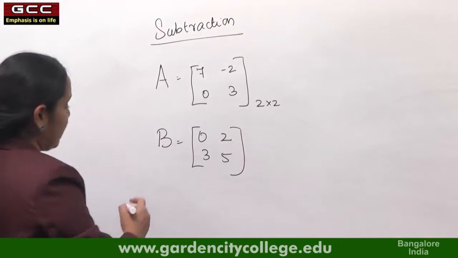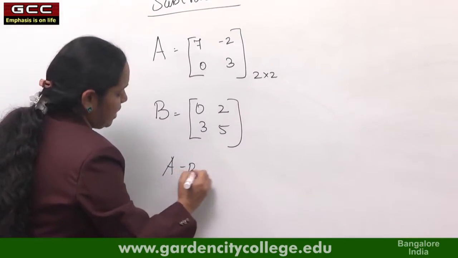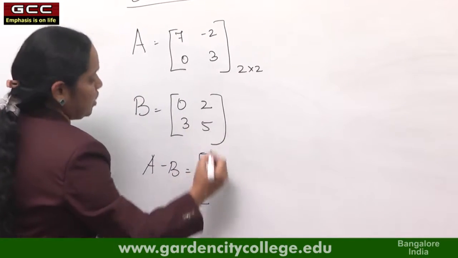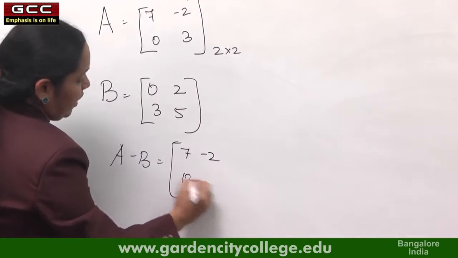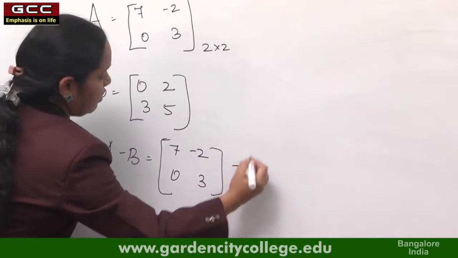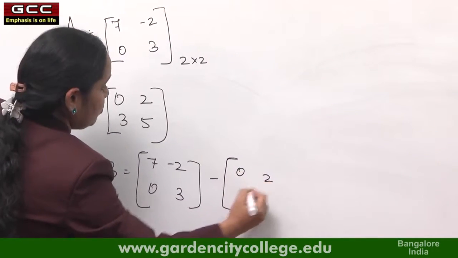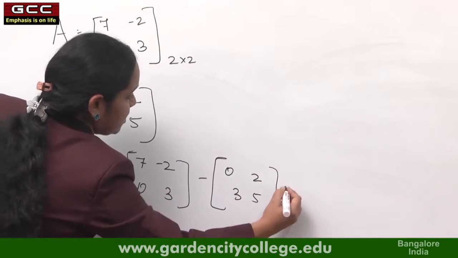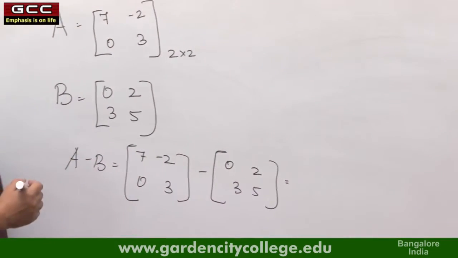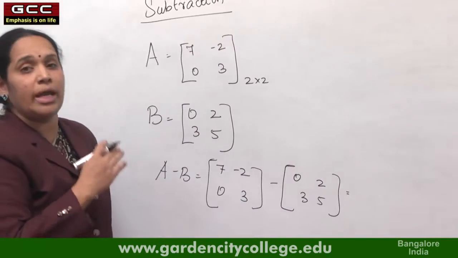So for finding A minus B, I am writing matrix A and matrix B adjacently: 0, 2, 3, 5. The process is similar to addition. You have to subtract the corresponding elements.